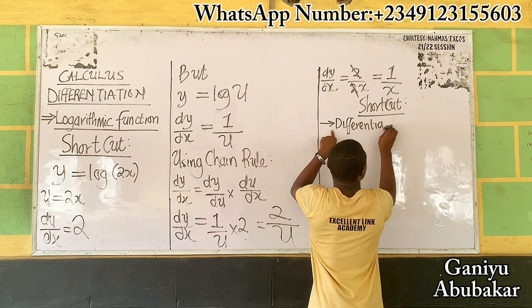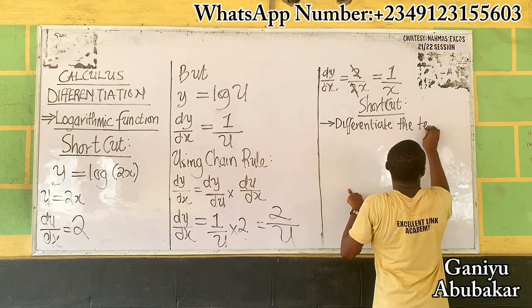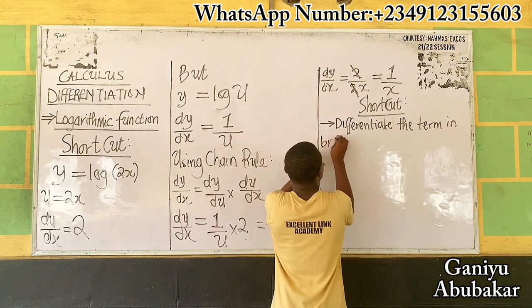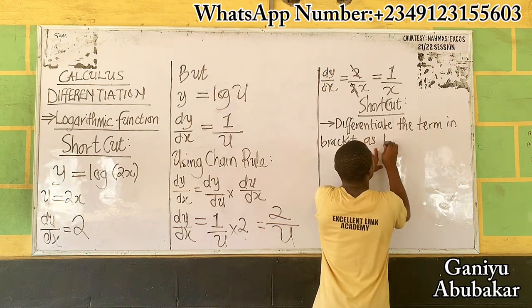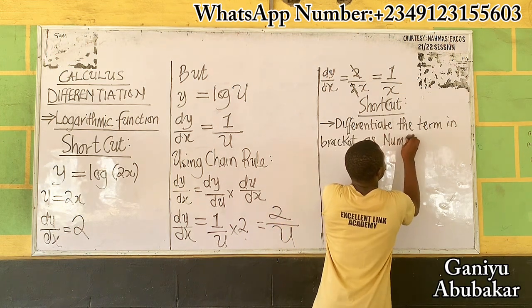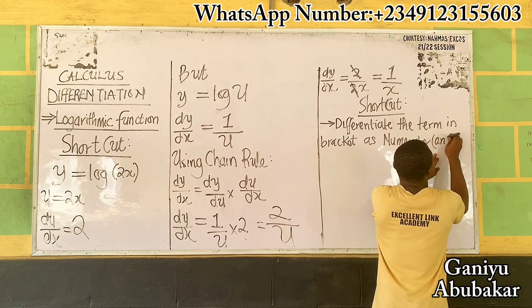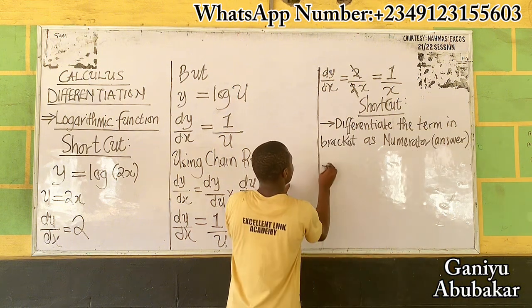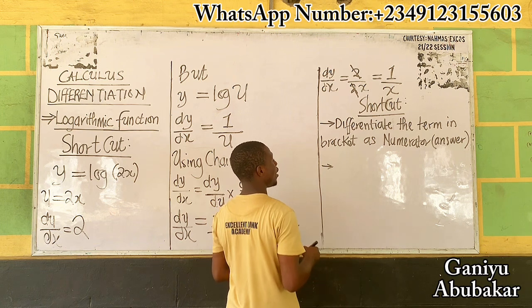So I'm saying differentiate the term in bracket as the numerator answer. The second step is to repeat the question as the denominator value.